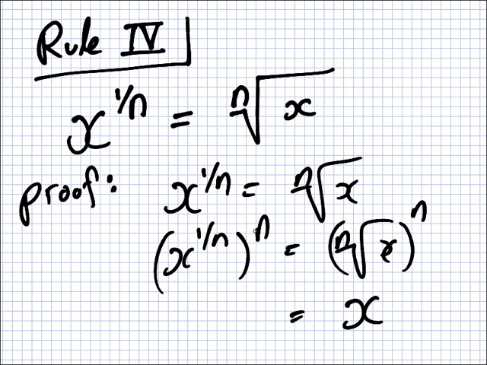This one here I can use rule 3, and this will be x^((1 over n) times n). But that just cancels down to make x power 1, which is obviously x, because it's just x by itself. So this proof is quite short as well. That's rule 4.